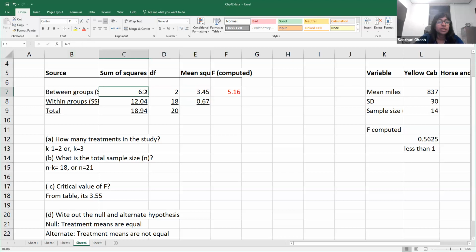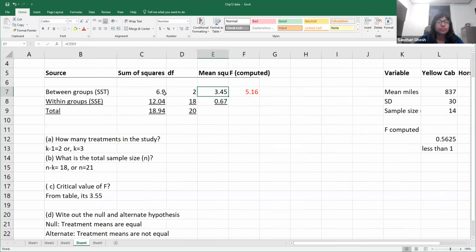This divided by this is mean squared error, sum squared error, sum squared treatment, excuse me, divided by 2 is this. Sum squared error or random variation divided by degrees of freedom, this much. So I've computed this divided by this. And then from table, what is the critical value of F? Again, degrees of freedom at 2 and 18. Please check with the table.